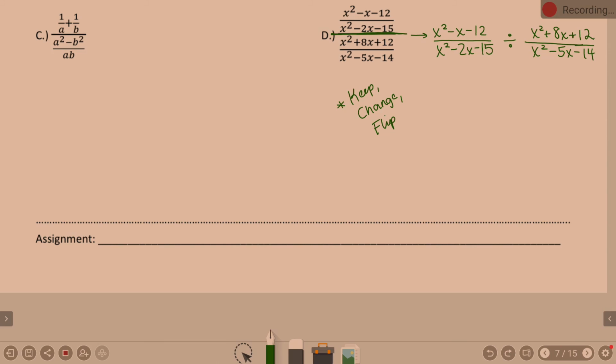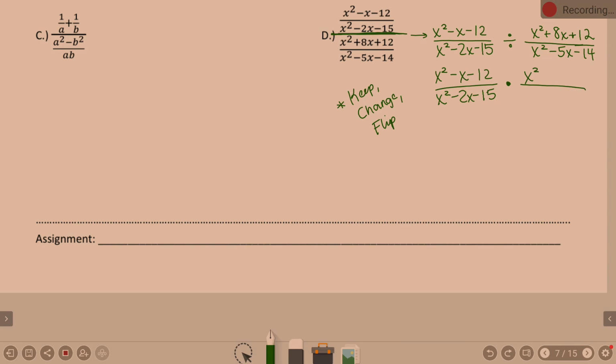I'm going to keep x squared minus x minus 12 over x squared minus 2x minus 15. What am I going to change? Division to multiplication. And what am I going to flip? Second fraction.